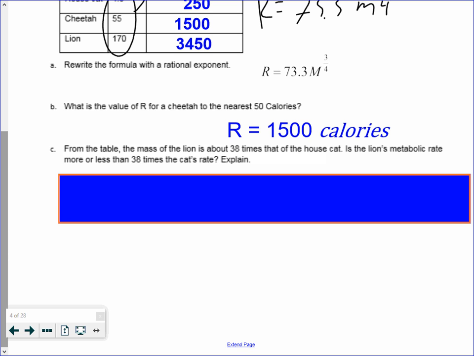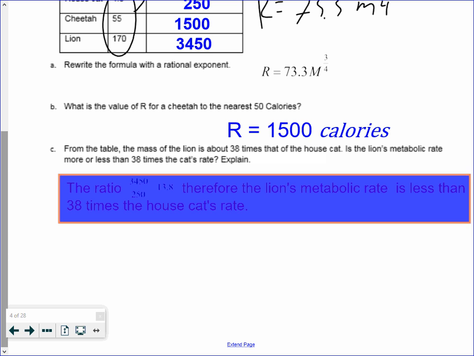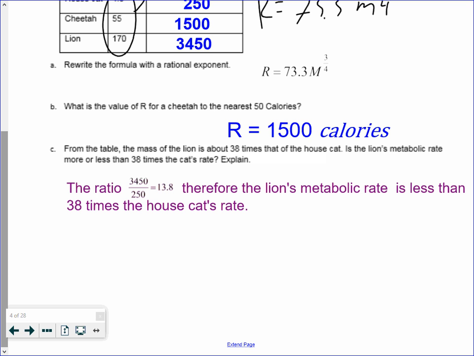So we're going to set up a ratio: 3,450 over 250, the lion's metabolic rate over the house cat's metabolic rate. We solve that out and get 13.8. That 13.8 is less than 38, so we know that the lion's metabolic rate is less than 38 times the cat's rate.